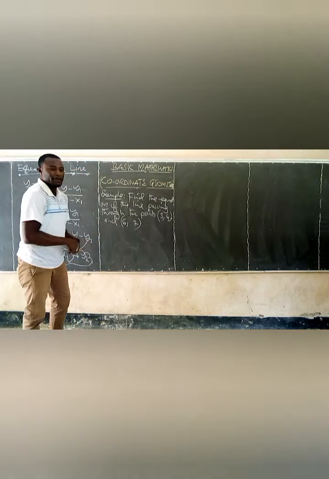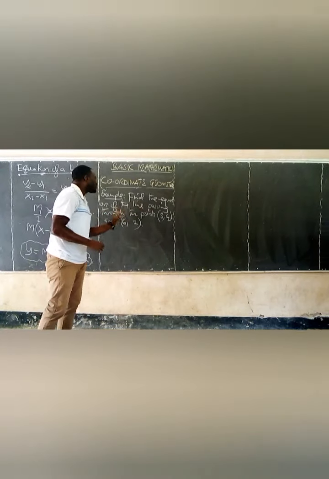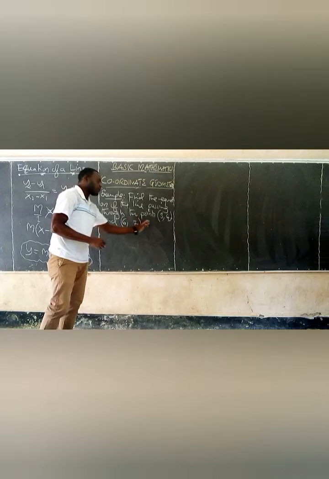Let us see example number 1. Find the equation of the line passing through 2 points.